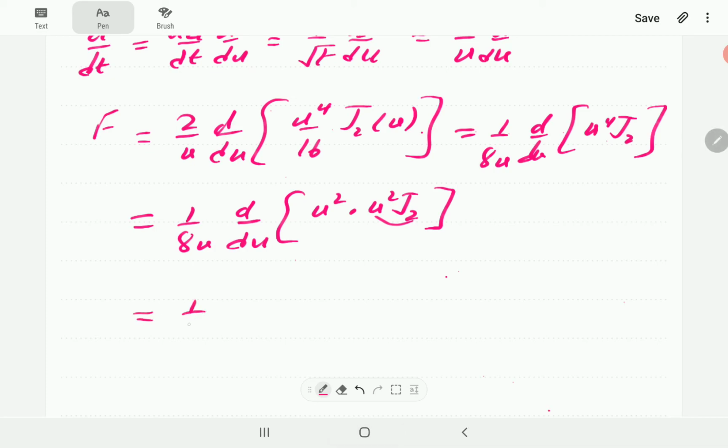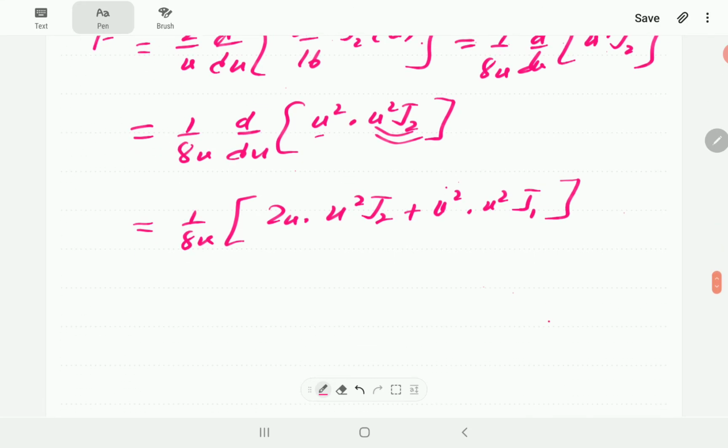So then using the product rule, derivative of this is going to be 2u, and derivative of this is going to be u squared J1. Okay, then if we remove the brackets, we're going to have u squared over 4 J2 plus u cubed over 8 J1.